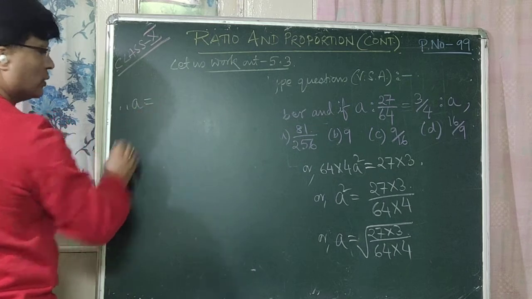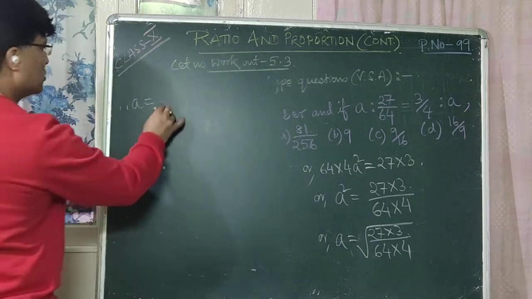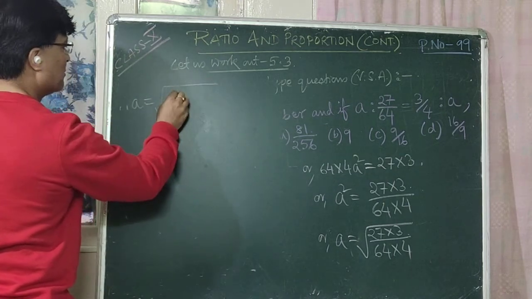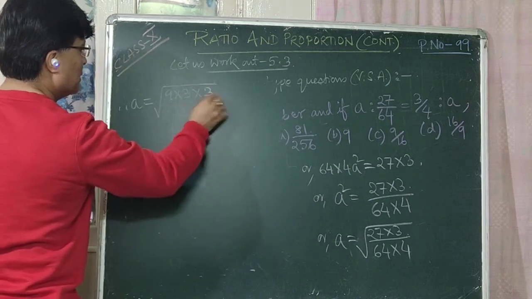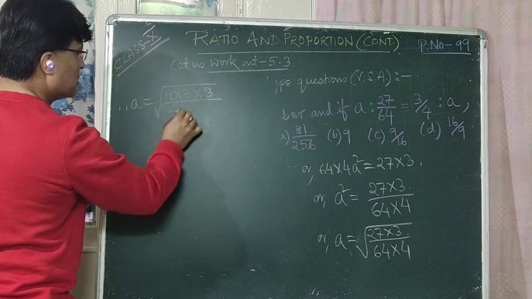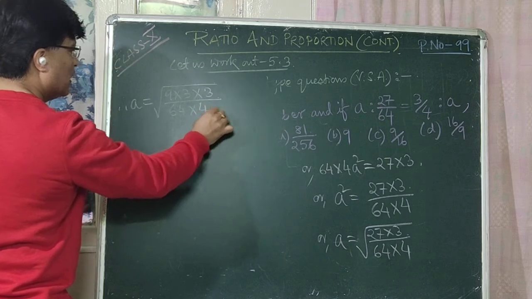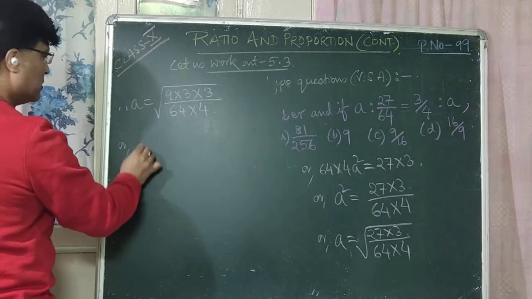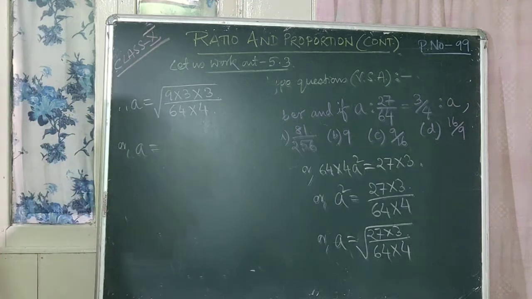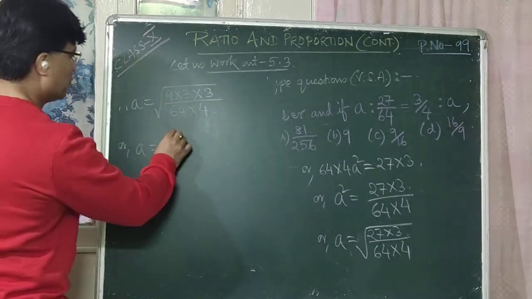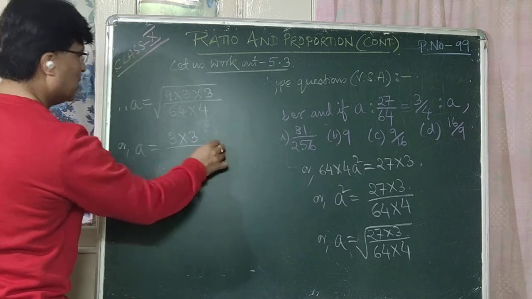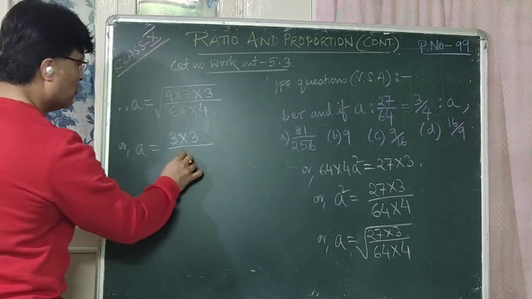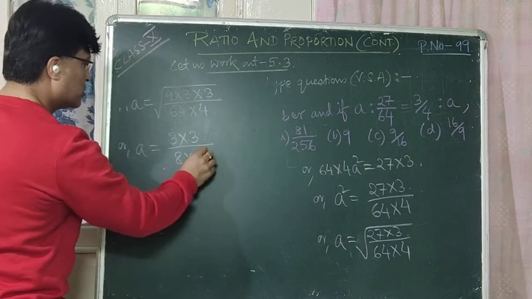Therefore a is equal to, now within the square root, this 27 can be written as 9 into 3 into, again 3 is there, divided by 64 into 4, right? Now we have to get the square root of 9. What is the square root of 9? 3. Into, what is the square root of 3 into 3? That is also 3, divided by, what is the square root of 64? It is 8. And what is the square root of 4?